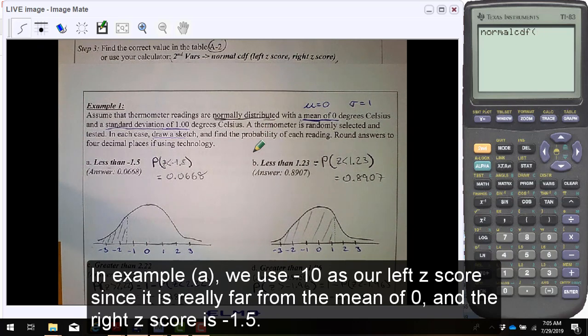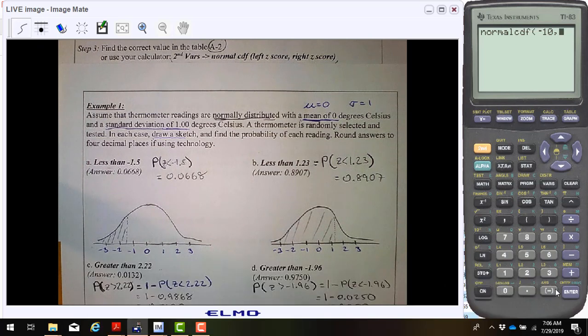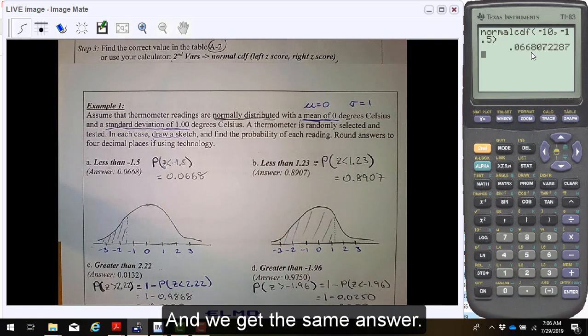In example A, we use -10 as our left z-score since it is really far from the mean of 0, and the right z-score is -1.5. And we get the same answer.